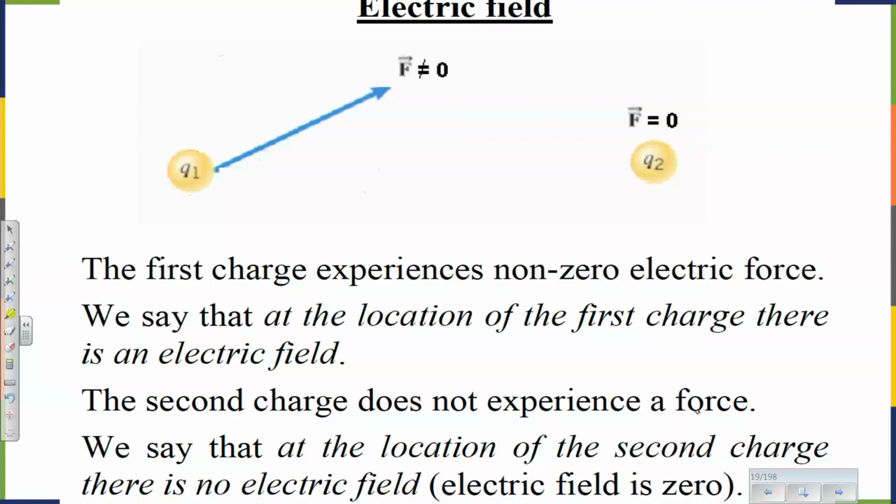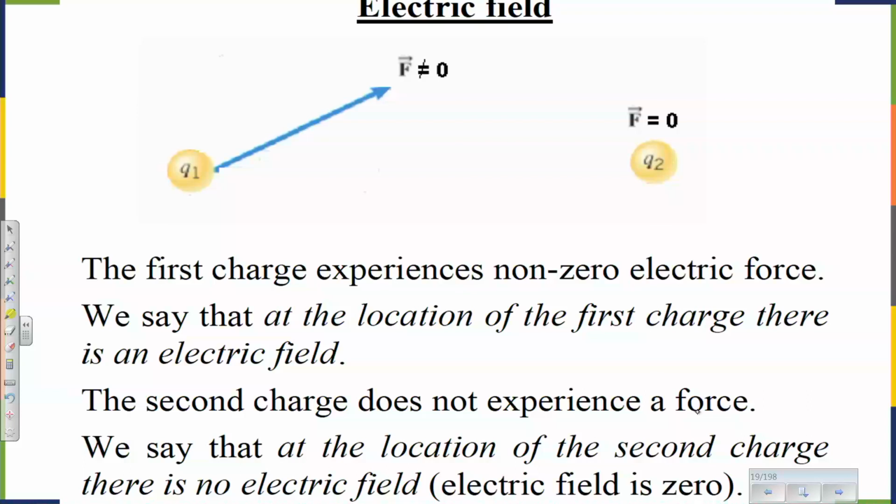And sometimes we really don't care what is the source of electric force acting on our charge or our charges. We just need to make a statement about the presence or the absence of that thing we call electric field in this particular region of space.